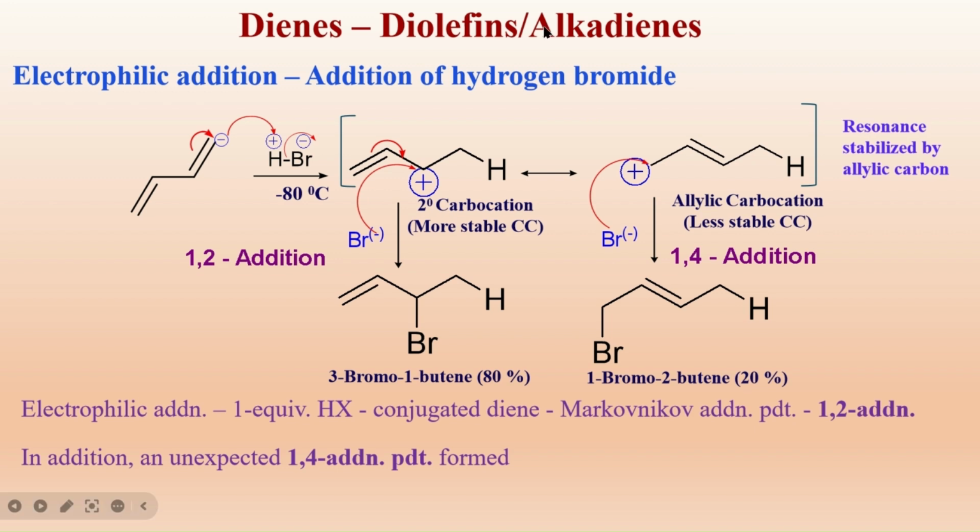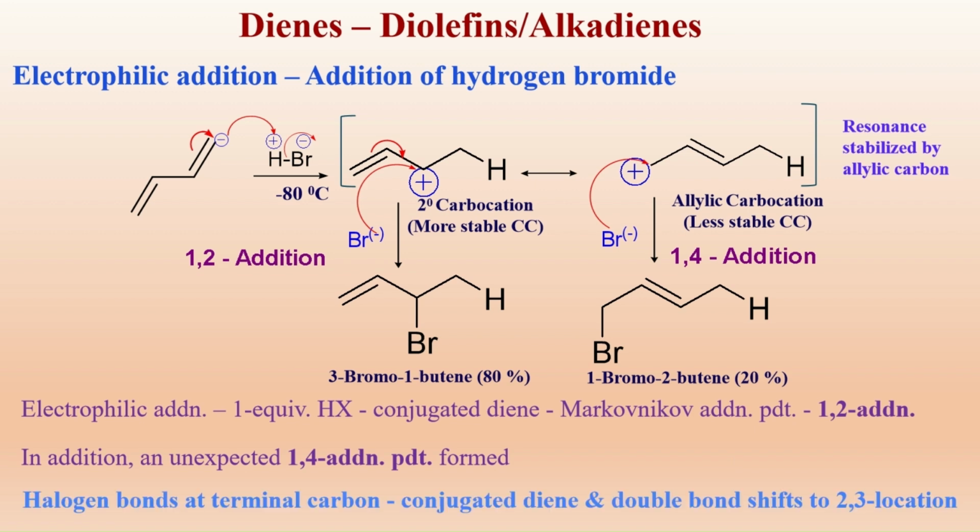In addition to the expected product 3-bromo-1-butene, which is the major product, I'll also get a minor product in 20%, the 1,4 addition product. Two products are possible when this reaction takes place at minus 80 degrees centigrade. One is the major product, another is the minor product.